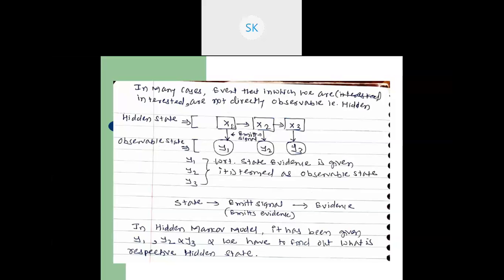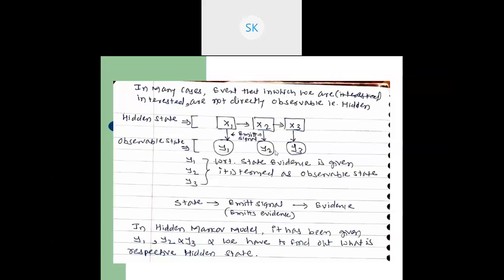As in the first diagram we had only the state transitions, it is now added with the observations, that is the emissions. The state emits the signal, that is, emits the evidence, and that is our observable or evidence state. So in a hidden Markov model, y1, y2, y3 are given, and we have to find out the respective hidden states.